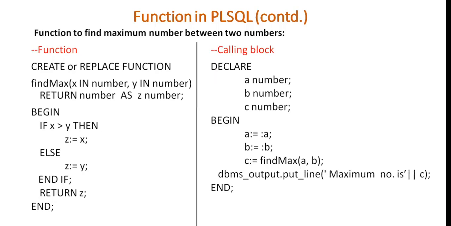Okay, so this is the difference between calling procedure and calling function. At the time of calling procedure, we need to pass input values as well as output parameter also. But while calling function, we only pass input parameter and we receive the value of output parameter by using return keyword. Okay.